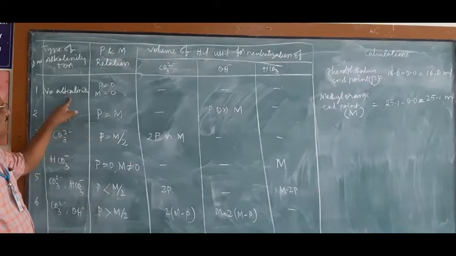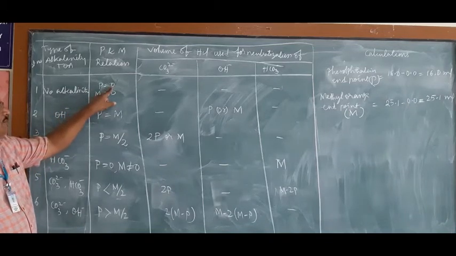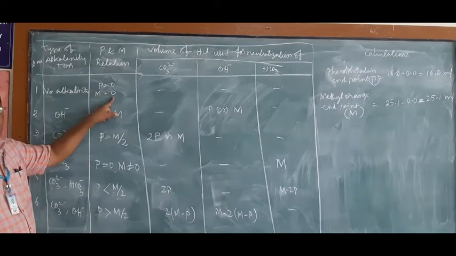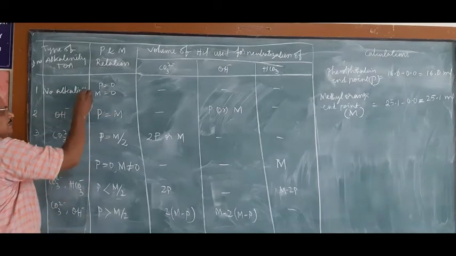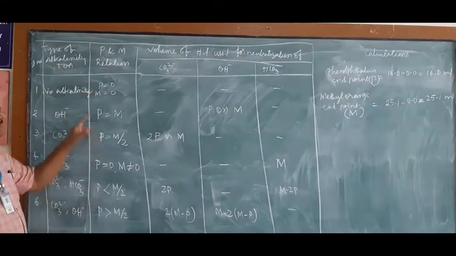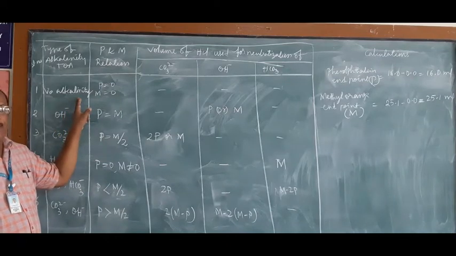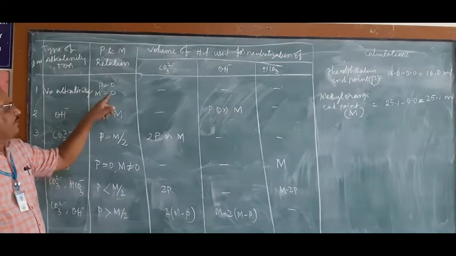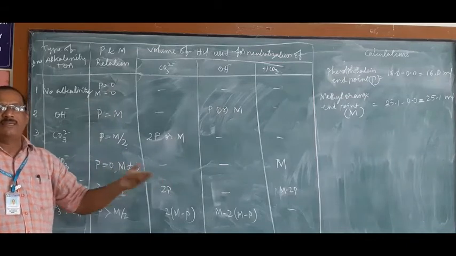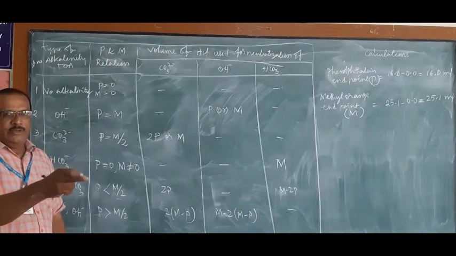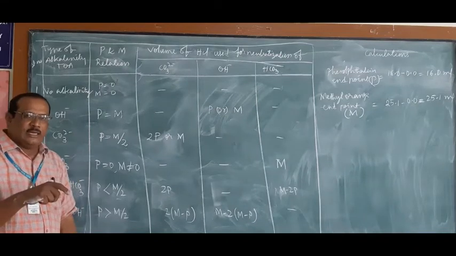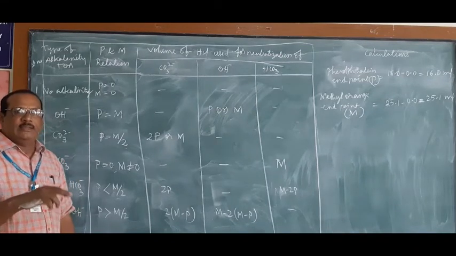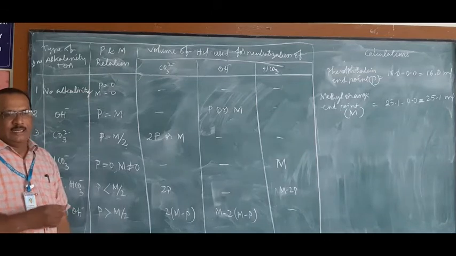During the titration, if we get 0 P value and 0 M value, that indicates that no alkalinity is present. It means just after taking 10 ml of water sample and adding phenolphthalein, it does not exhibit any color. While doing the titration with phenolphthalein, the initial color is pink and finally that changes to colorless.